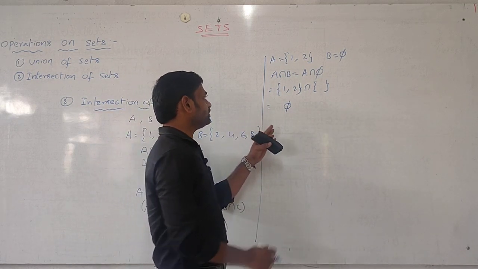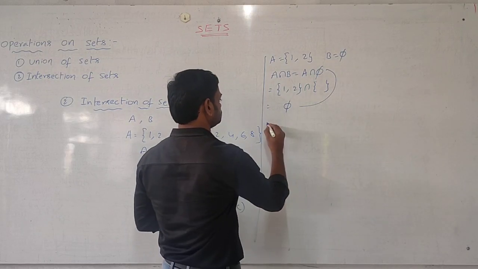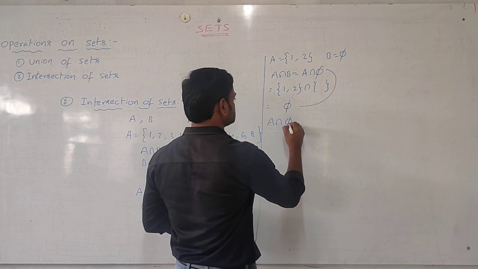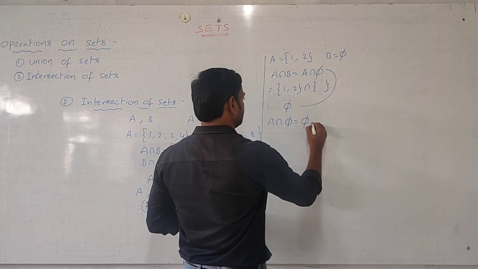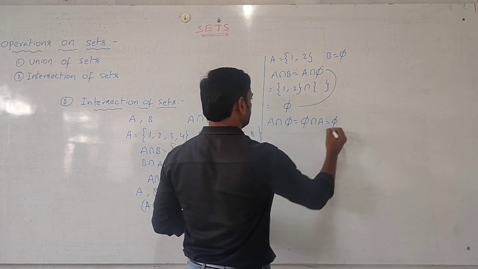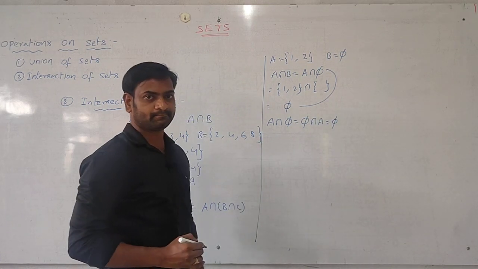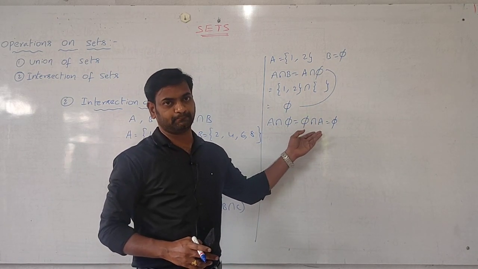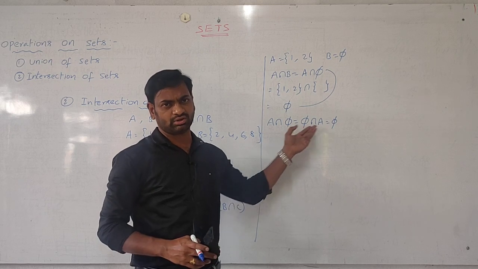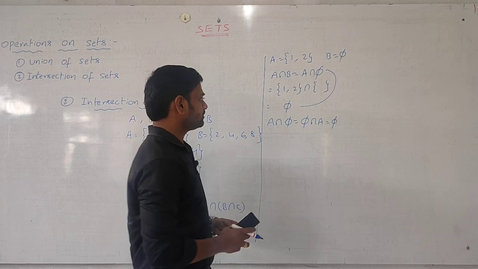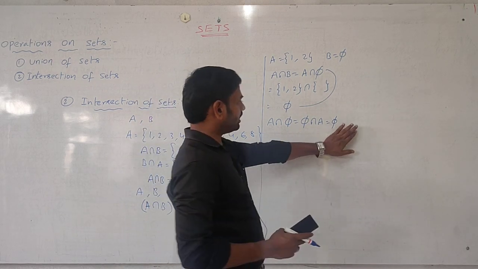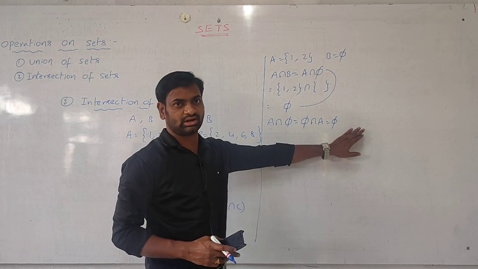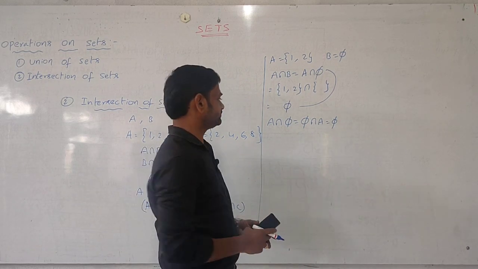So what you can write from these two? A intersection phi is equal to phi intersection A is equal to phi. This is called law of phi or law of identity. Law of phi, empty set.